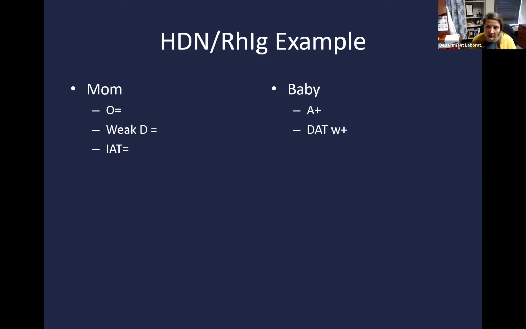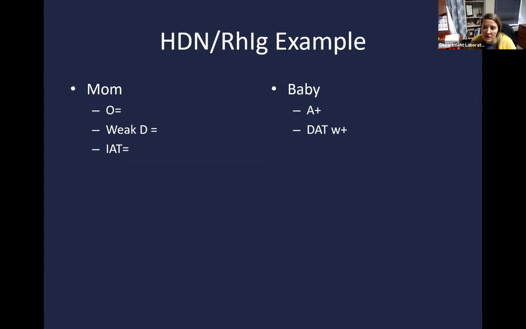Like I mentioned earlier, anytime you have a positive DAT, that indicates that hemolytic disease of the newborn is present, okay? And we want to be able to differentiate ABO HDN from IgG HDN, another IgG antibody other than ABO, okay?